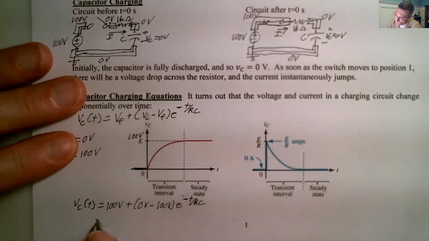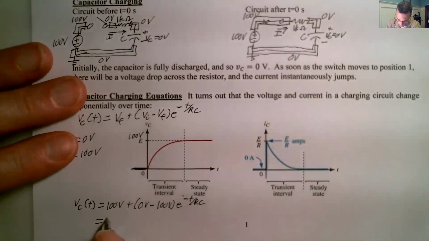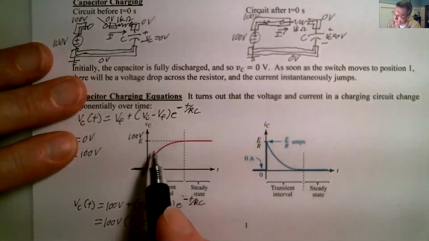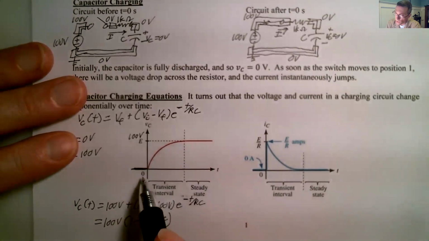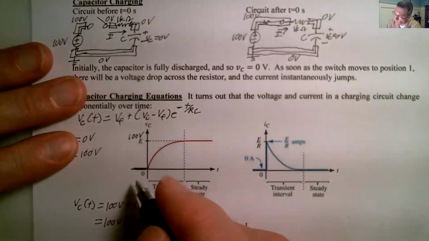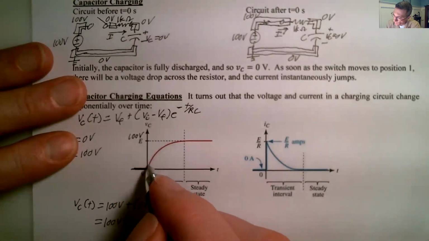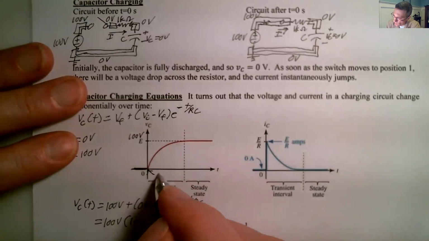We can simplify that to say it's 100 volts times 1 minus e to the minus t over RC. And this is how the voltage drawing looks. So at time t equals 0, when it transfers, all of a sudden it starts to change. So that's where the discontinuity is.